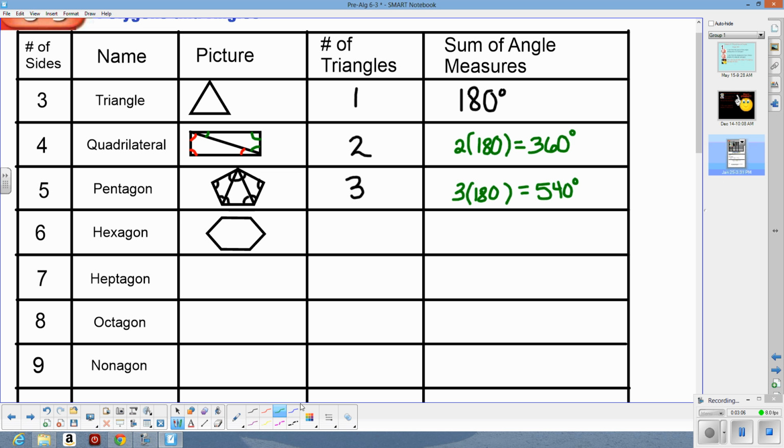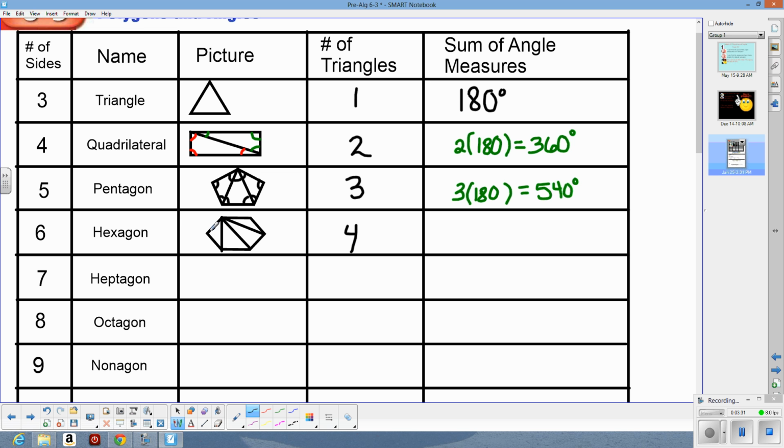We're going to do one more, and then you can fill in the rest of this chart on your own time. A hexagon is a polygon with 6 sides, and if I just choose one of the vertices and start drawing diagonals across to the other vertices, the fewest number of triangles you can divide a hexagon into would be 4.